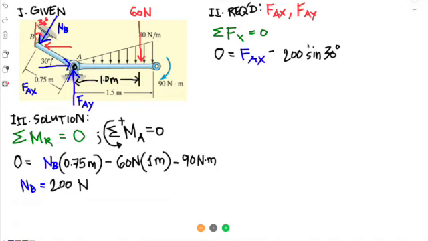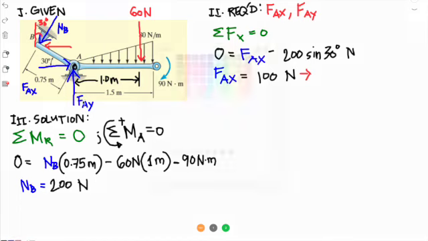So manipulating this, we can solve for FAX as 100 newtons. Don't forget the direction of FAX. Since we arrived at a positive value, it means that our assumption is correct. So this is going to the right.